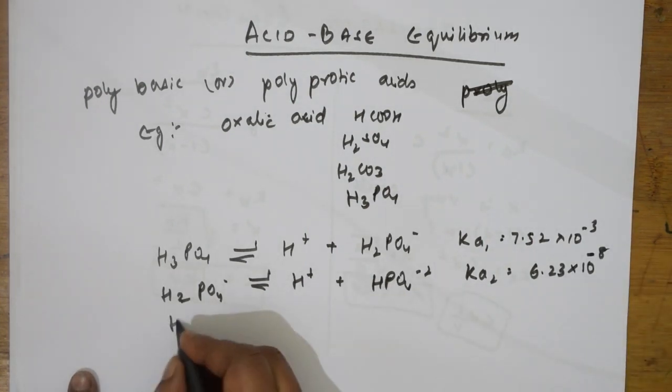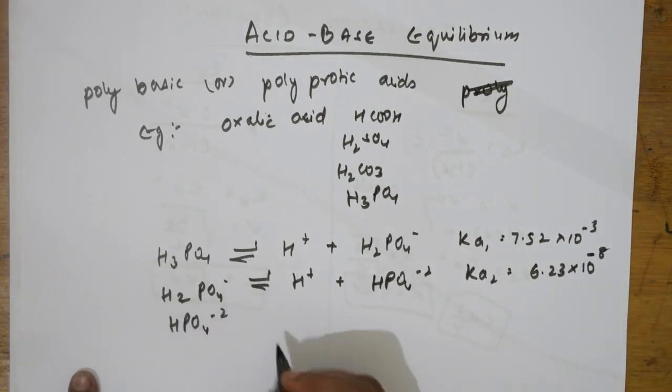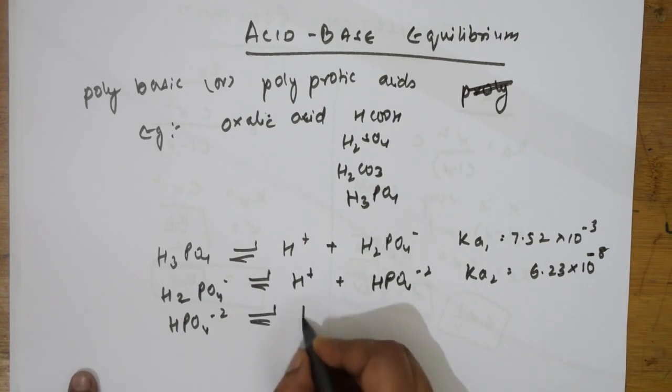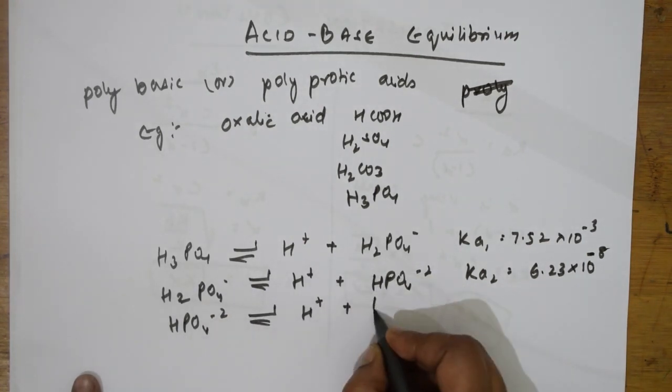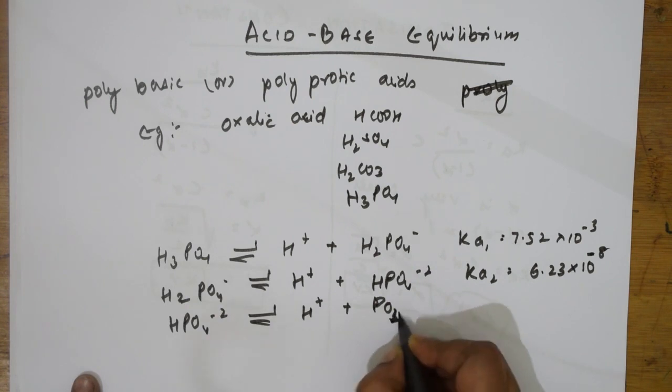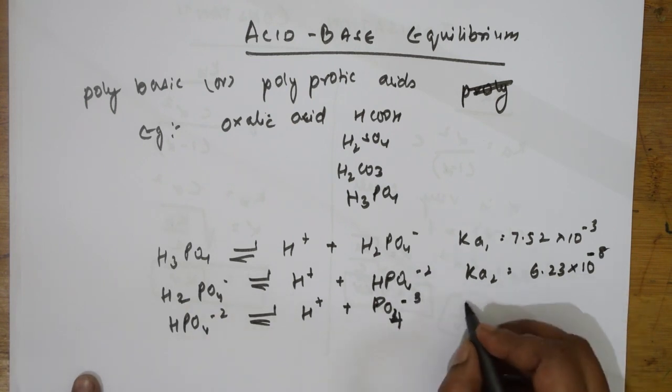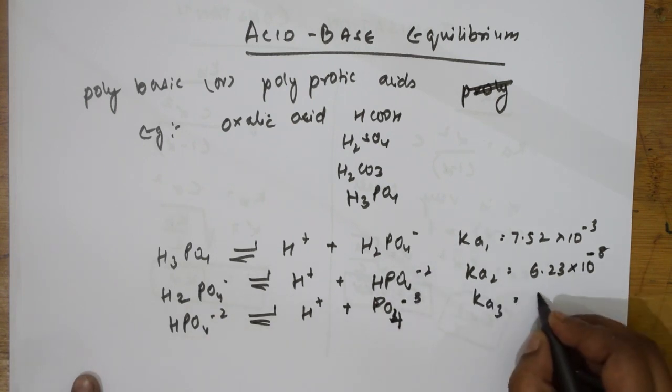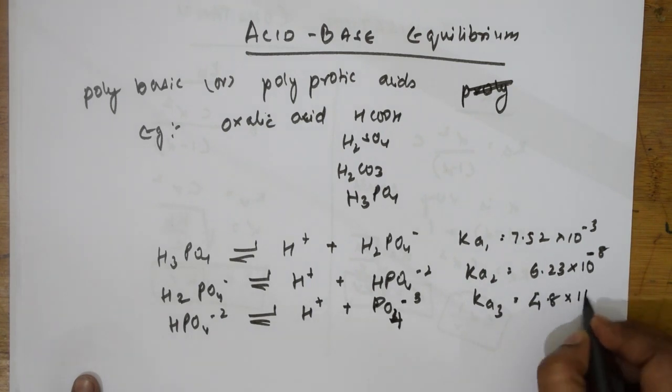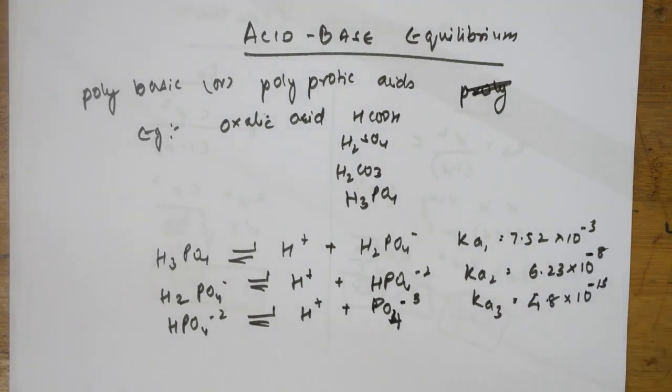I am taking this again, HPO4 2 minus. This further dissociates into H+ and PO4 3 minus. Ka3 is equal to 4.8 into 10 raised to -13.